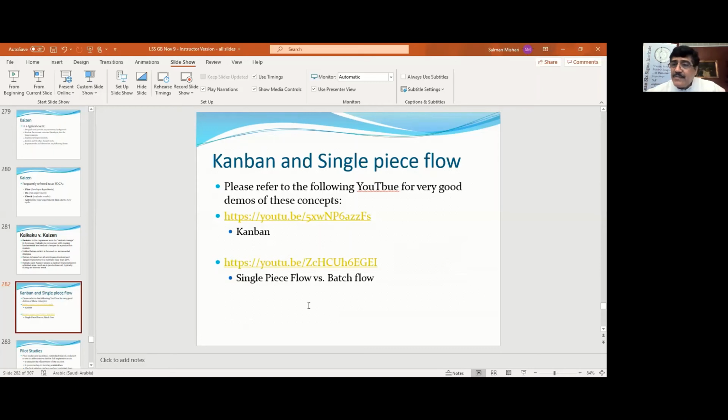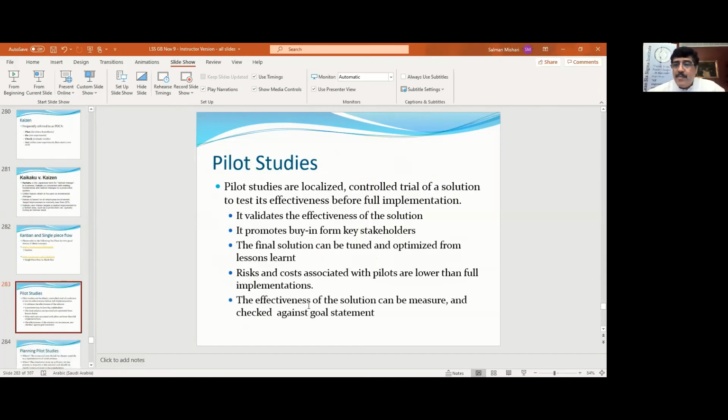So after you agree on your improvement, you know what you're going to do and so on. The last thing is that you want to do the pilot studies. The purpose of a pilot study is that you don't want to roll a whole plan out and then discover that there are mistakes in it.